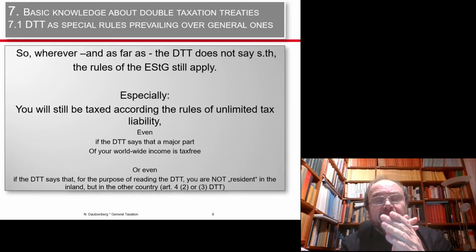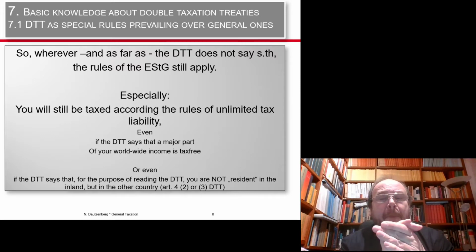So then let's go on. You have to pay taxes on the worldwide income, apart from exceptions, nearly everything you have. Left over are the rent from a house at Düsseldorf and the income from a very, very small business at Munich. Okay, let's say this is 30,000.